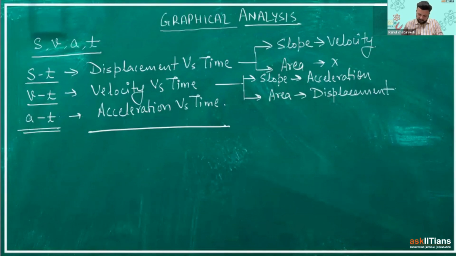Again, the concept of acceleration versus time graph: you will have slope as well as area under AT graph. We will not discuss the slope, we will discuss the area. So area under acceleration versus time graph gives you velocity.